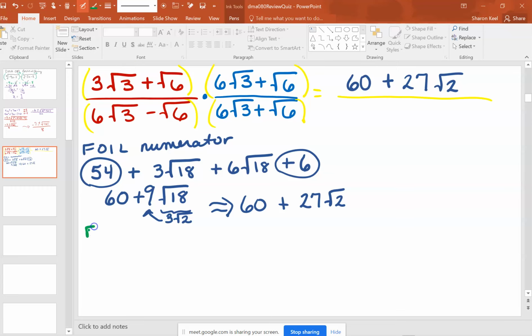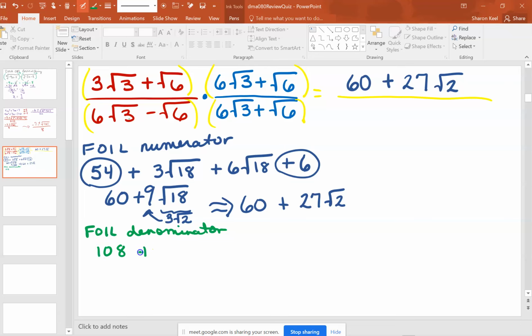I'm now going to FOIL my denominator. As I FOIL the denominator, it's the same process. Here I have 6 times 6 is going to give me 36. I have a pair of 3s, so the 3 is going to come out. 36 times 3 is 108.